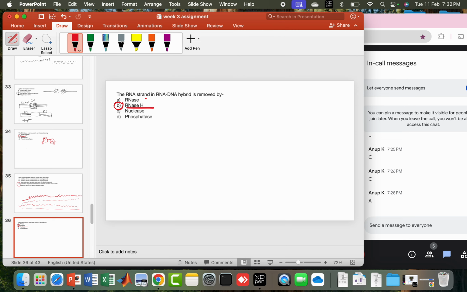RNase will chop RNA. This is very important: RNase H will recognize the DNA-RNA hybrid, and it will chop off only the RNA.